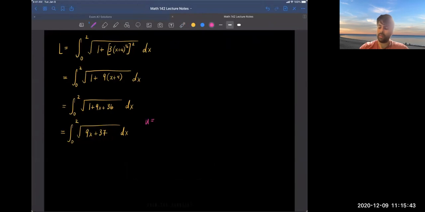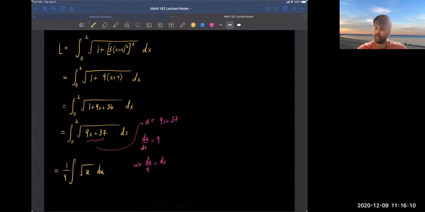And what do we u sub? Everything that's underneath the square root. So I get u equals 9x plus 37. Then du over dx equals 9, which means that du over 9 equals dx. Then I can integrate, and I get this 1/9 that pops out, the integral of the square root of u du. And then what do the new integration bounds become?